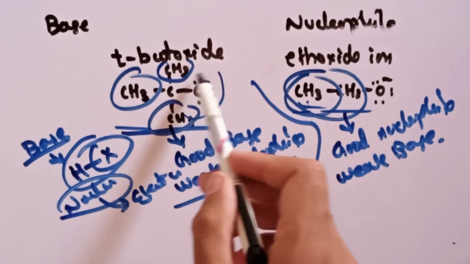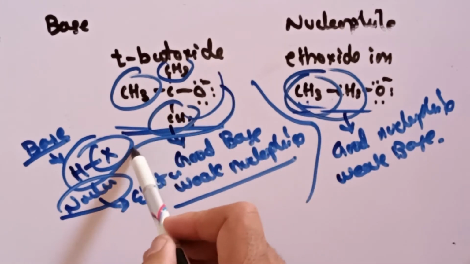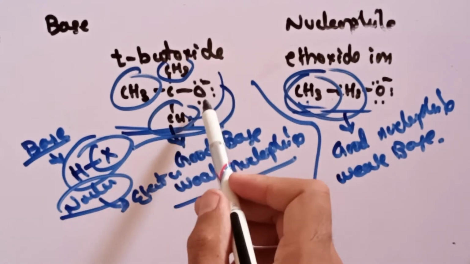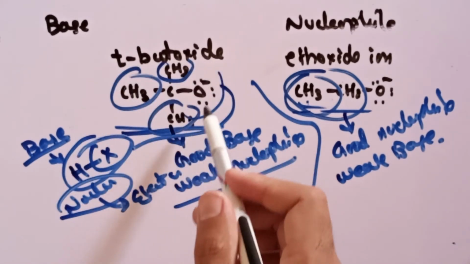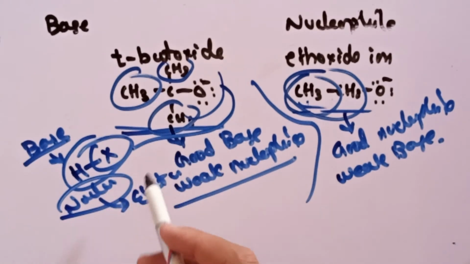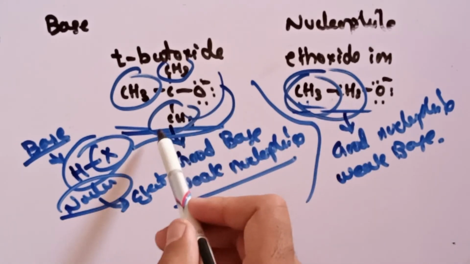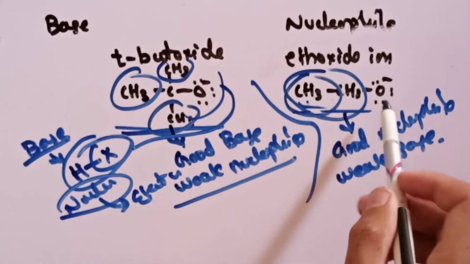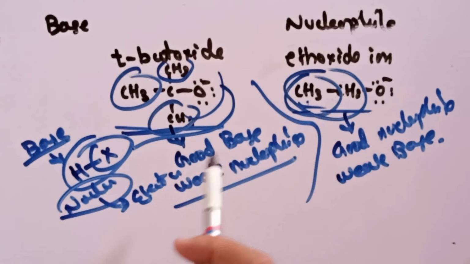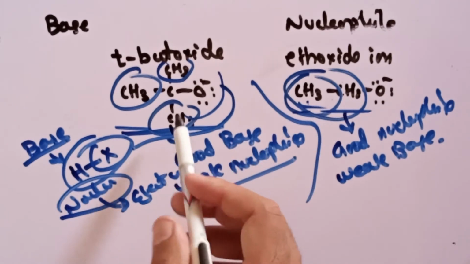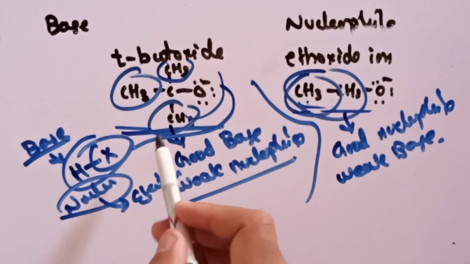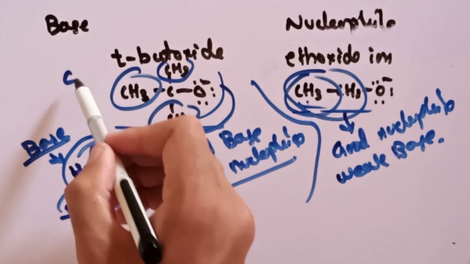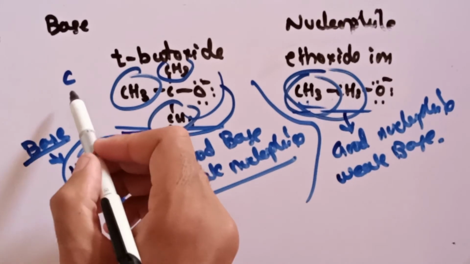That's why tertiary butoxide, when it attacks a proton, will act as a good base, while the ethoxide ion will be a weak base when we compare the two. At the same time, tertiary butoxide will act as a weak nucleophile, because a nucleophile is a species that attacks an electrophilic center.